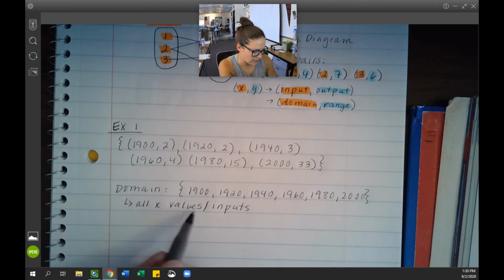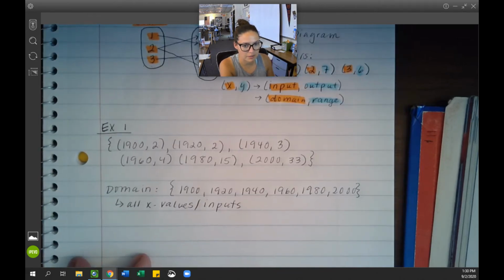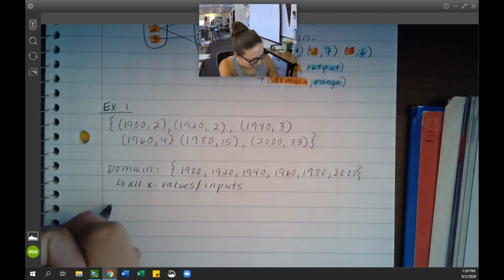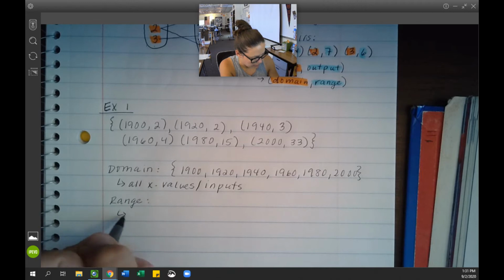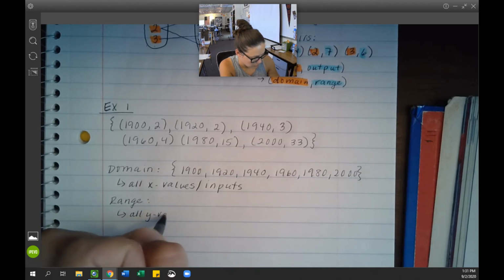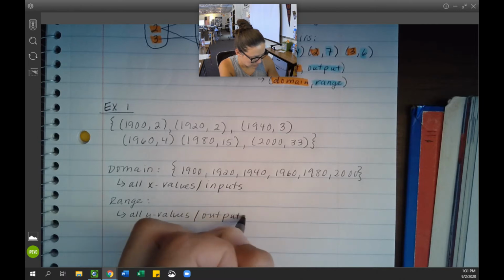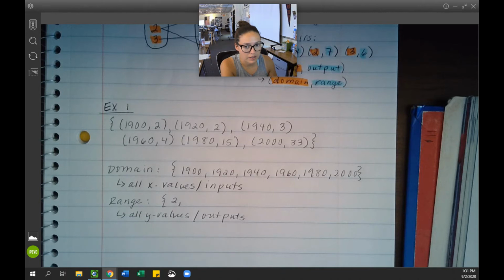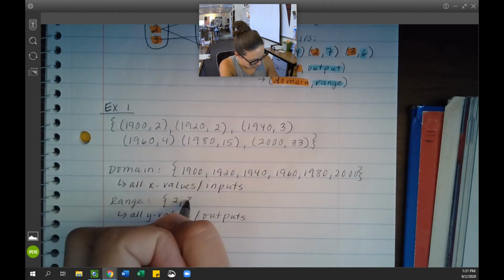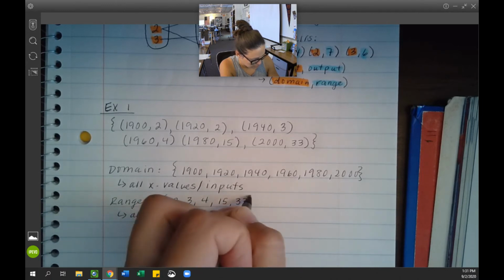These three things all go together. Domain, x values, inputs, they're all the same. The range is all of the y values or the outputs. So 2. Now, we've already listed 2, so I'm not going to list it again. Then we have 3, 4, 15, and 33.